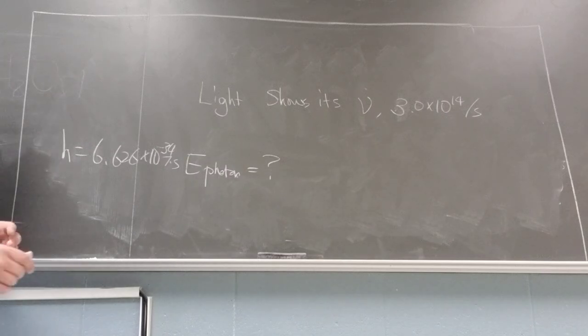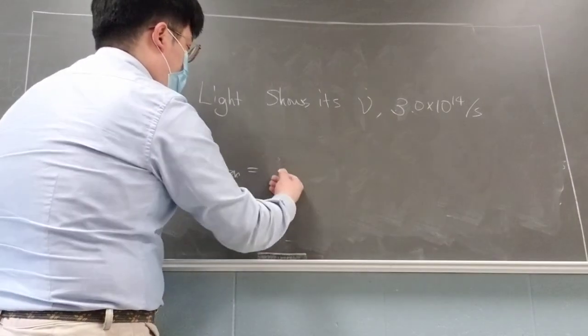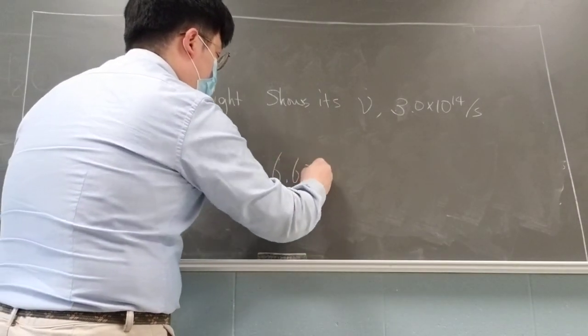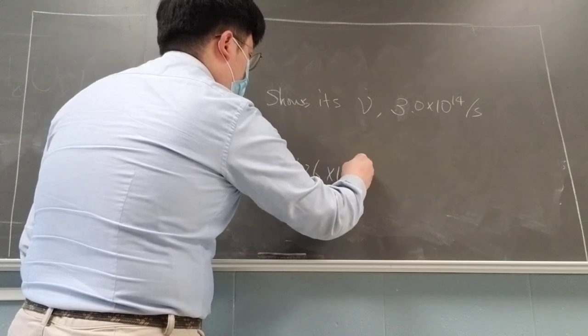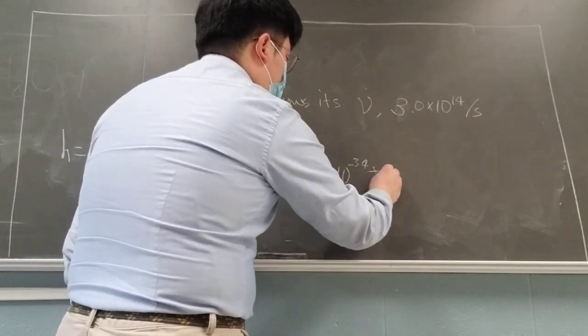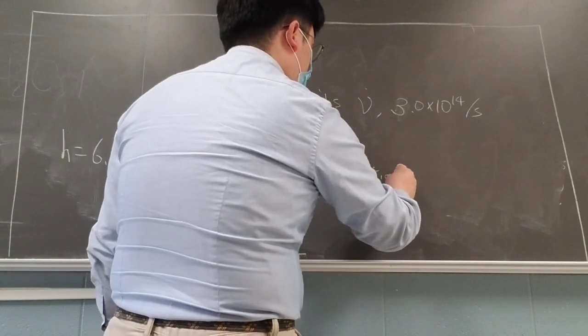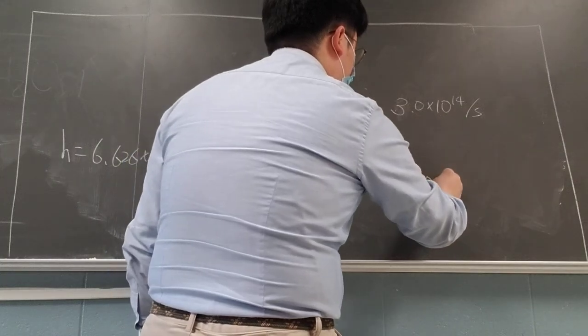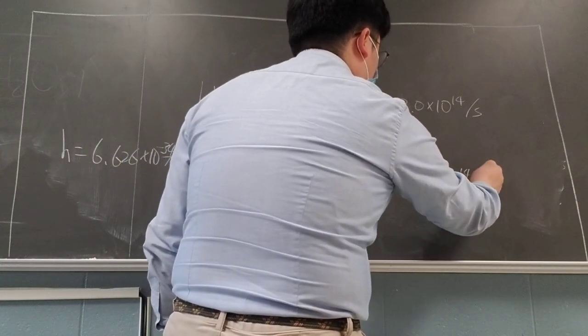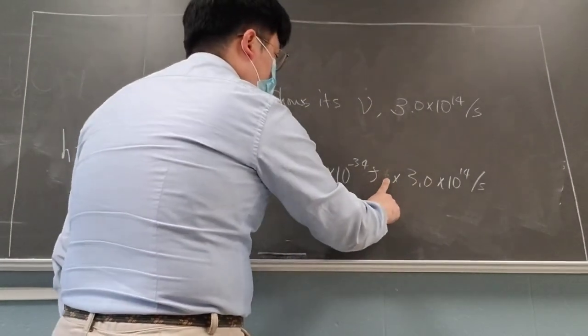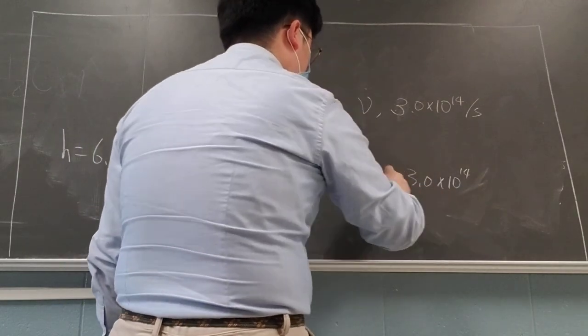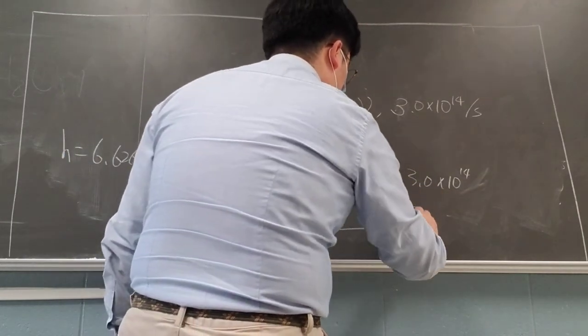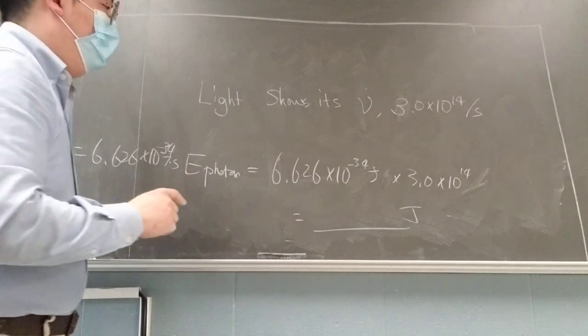All right, we're just going to do the same thing. 6.626 times 10 to the negative 34 joule times second, multiplied by the frequency, which is 3.3 times 10 to 14 per second. Now the seconds are gone, and we have a number in joule, which is the energy for 1 photon.